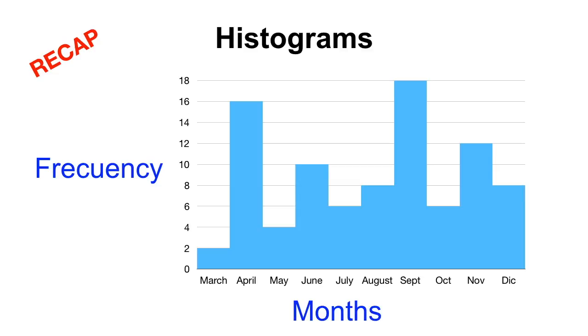If you wanted to find out what each of these bars represents, like in September, you would follow that bar to the top and then to the left. That tells you that in September there was, I don't know, rain 18 days. That's how you figure out the number associated with each of these bars.